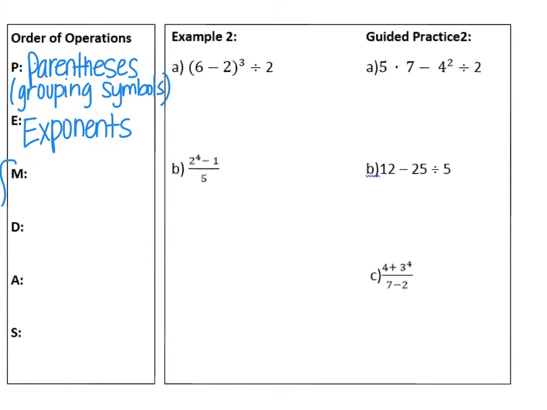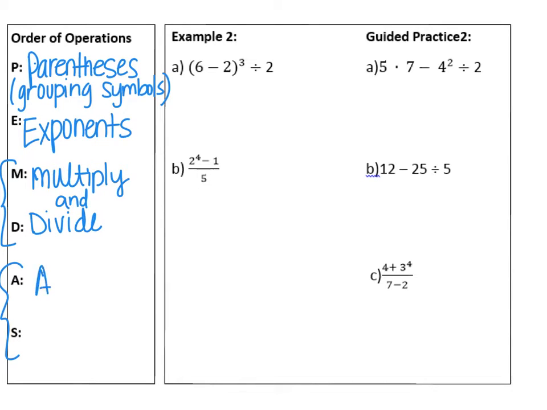M and D actually go together. That's multiply and divide, and that's from left to right. And then AS is add and subtract, and that's also from left to right.